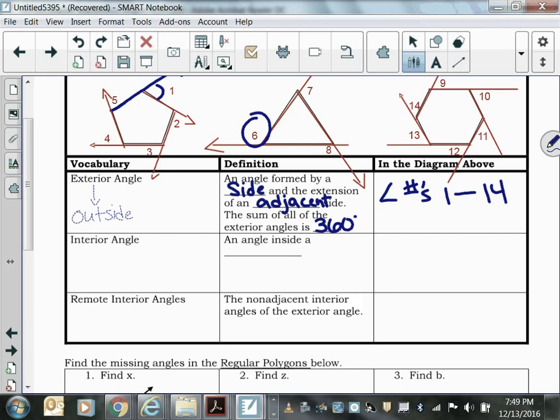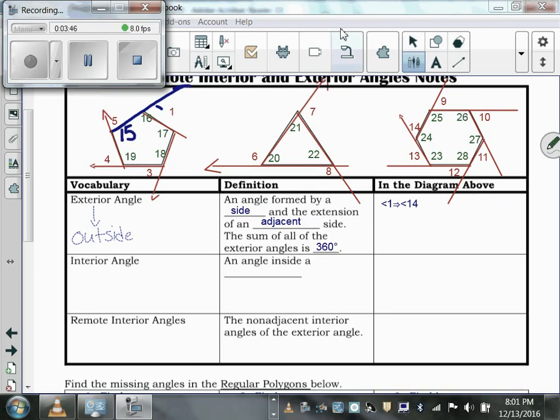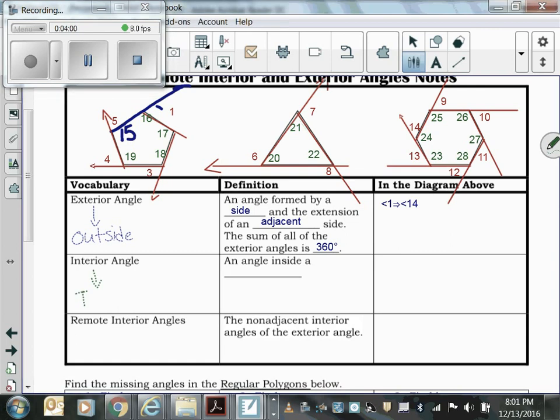So now I'm quickly going to go through and label all of my interior angles. Those are going to be angles that are inside. All right, so as you can see, I went through and I labeled all of my interior angles in green. Now, interior, as we said before, just means inside.